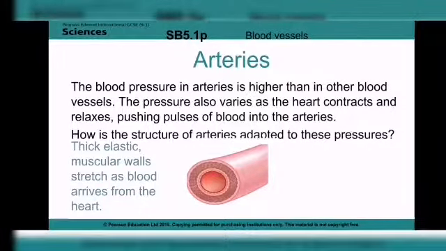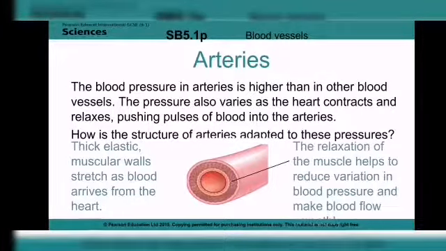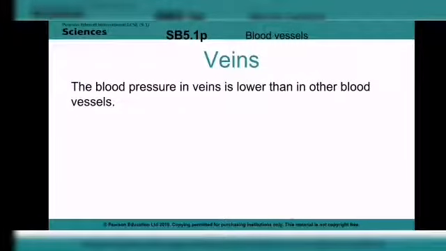We said the blood is under high pressure, so the walls must be able to stretch and recoil. The relaxation of the muscle helps to reduce variation in the blood pressure and make blood flow smoothly.